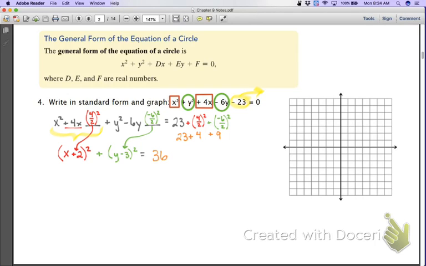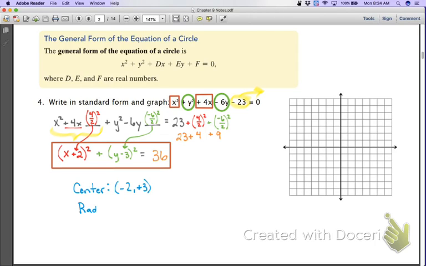There's your equation for your circle. Now it's just a matter of knowing how everything fits, with the center being at (-2, 3) and having a radius of 6.